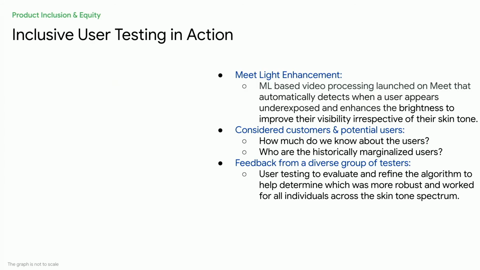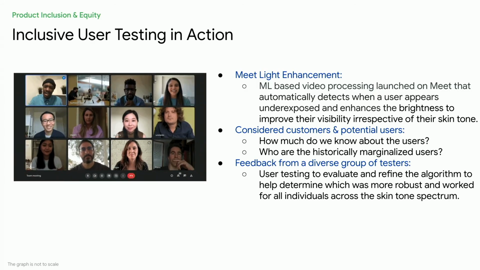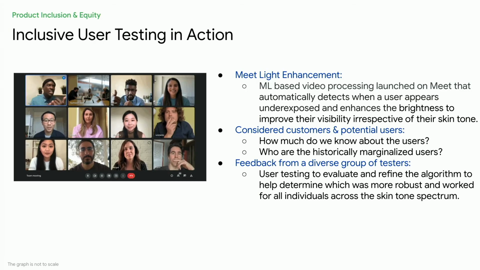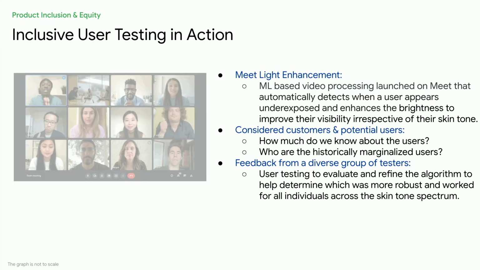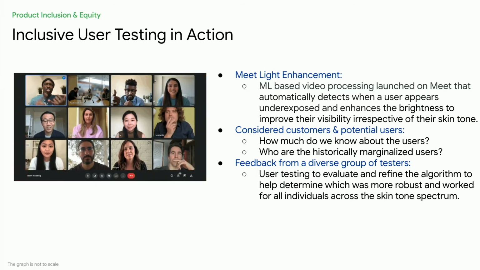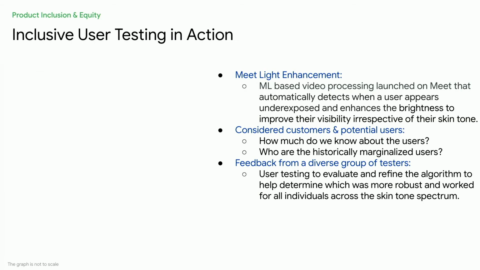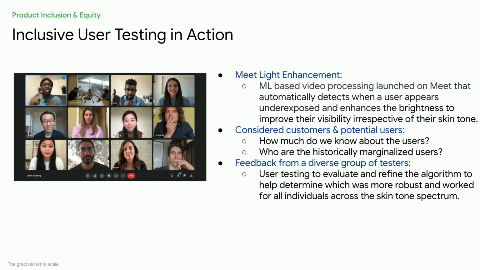The Meet Light Enhancement is an AI feature that automatically detects when a user appears underexposed and enhances the brightness to improve their visibility irrespective of their skin tones. The AI algorithm has been tuned to ensure people with darker skin tones are illuminated in video chats and people with lighter skin tones are lit up.